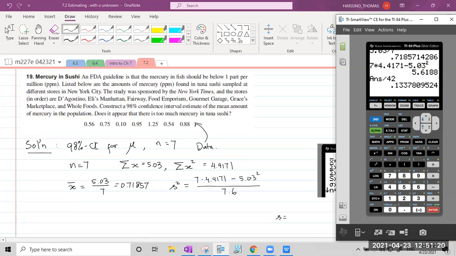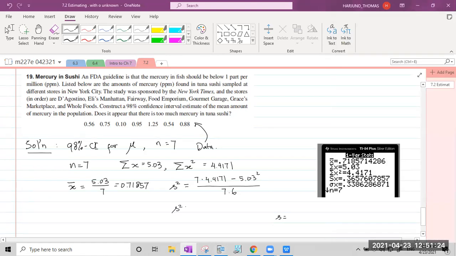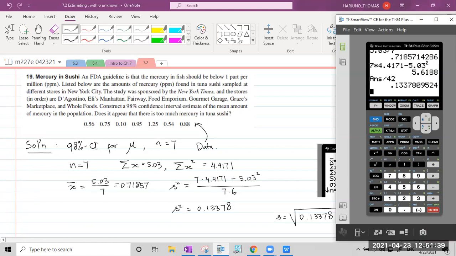That's 0.13378. So the standard deviation is the square root of that. Apply square root to that.